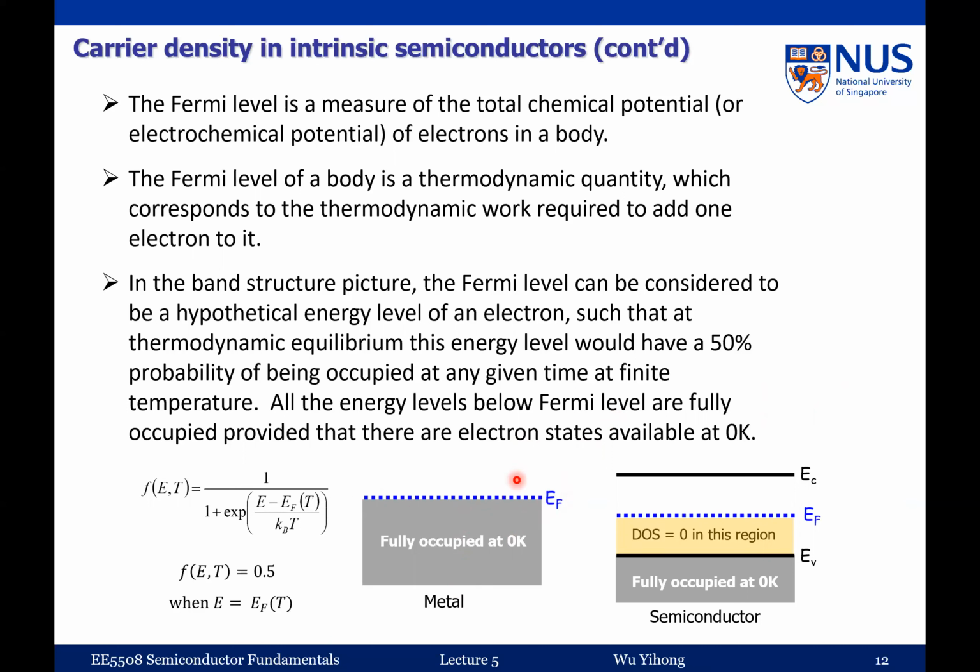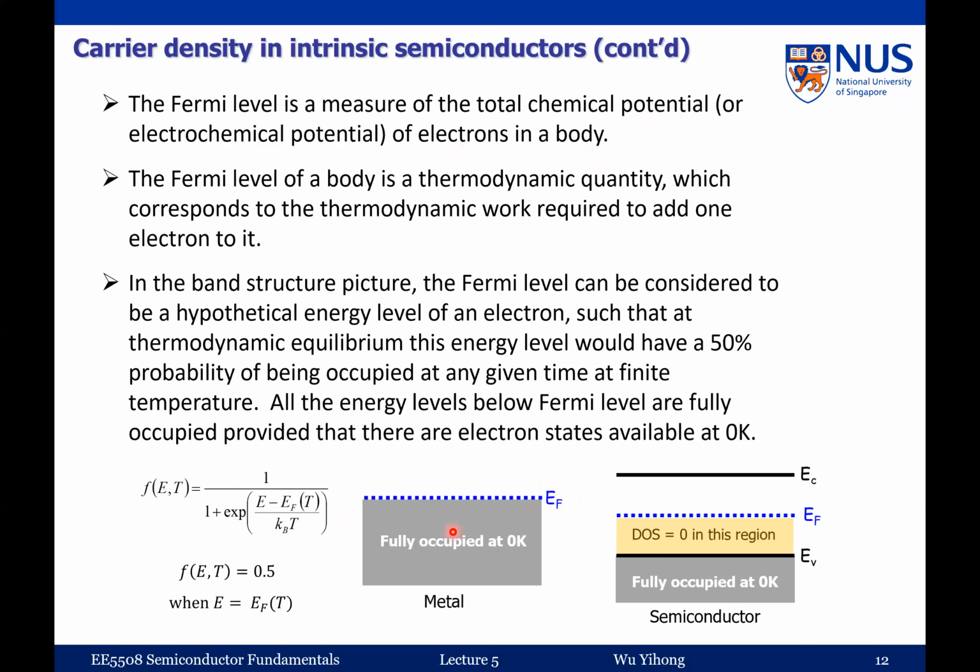Why? Because otherwise you cannot put the electron here, since those states are already occupied. So that's what EF is. This EF is exactly a measure of the total chemical potential, or electrochemical potential, of electrons in the body.